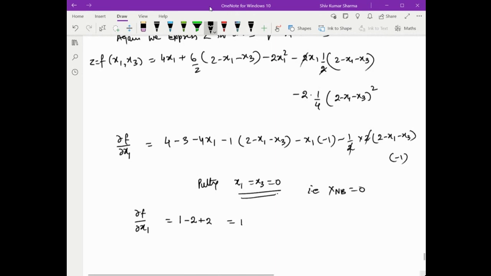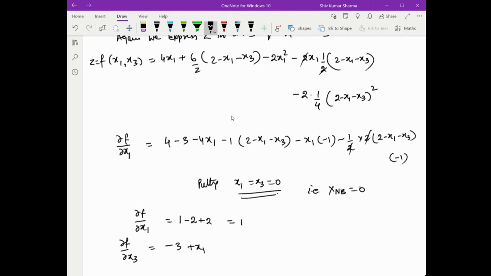Similarly, you differentiate with respect to x3, the second non-basic variable. When you differentiate with respect to x3, this one is 0. 2 times 3 is 6, so that means minus 3. So the first term is minus 3 and this is 0. And here with respect to x3 gives us minus 1, minus minus plus, plus x1.